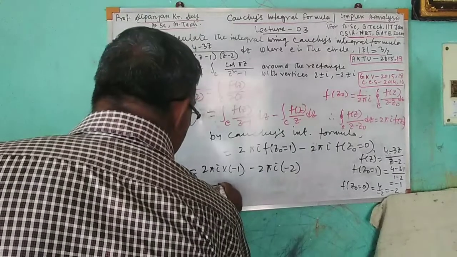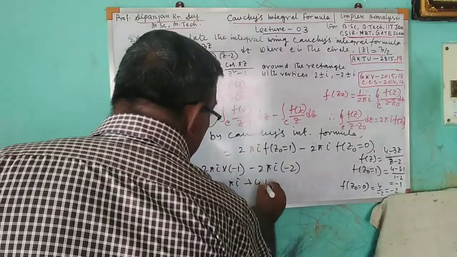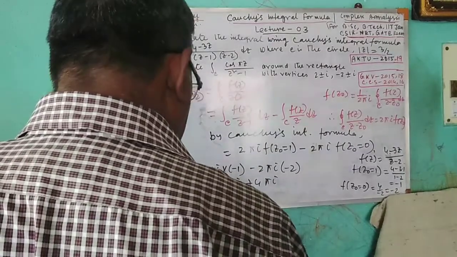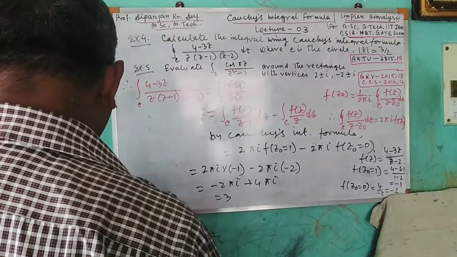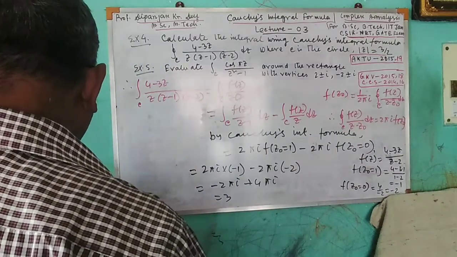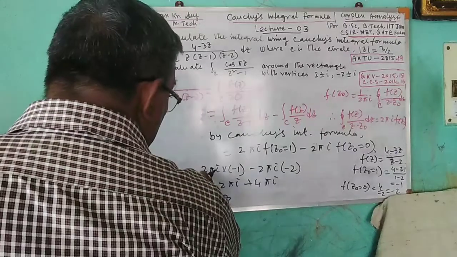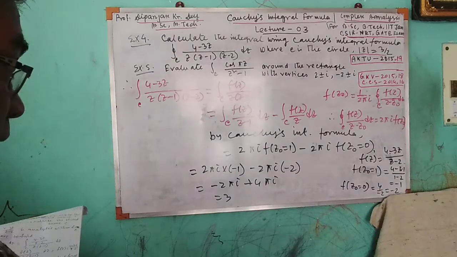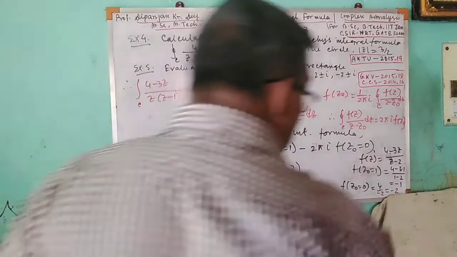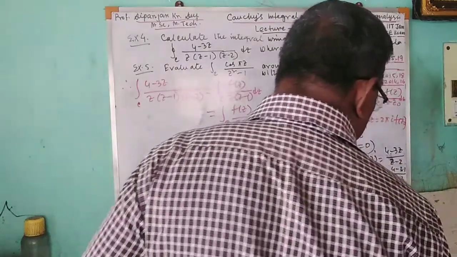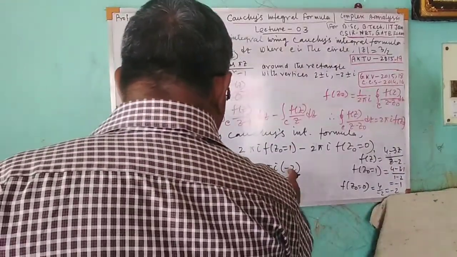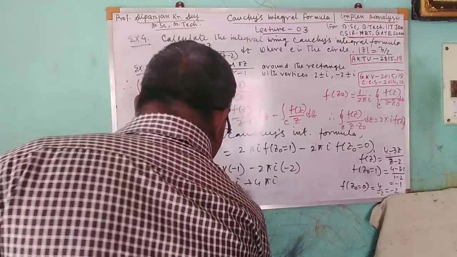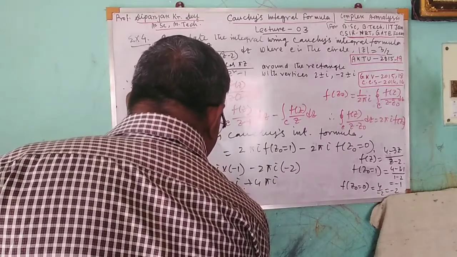So this will be minus 2 pi i plus 4 pi i, which comes to 2 pi i.